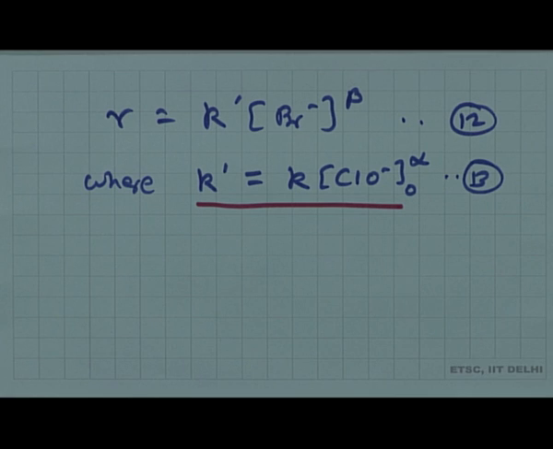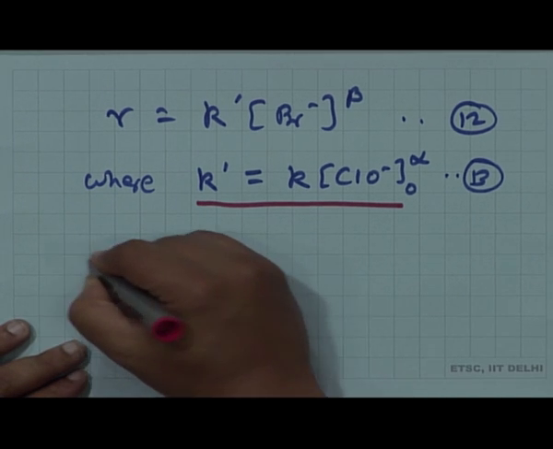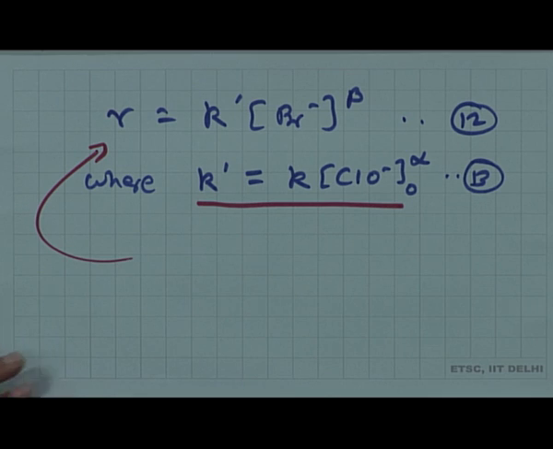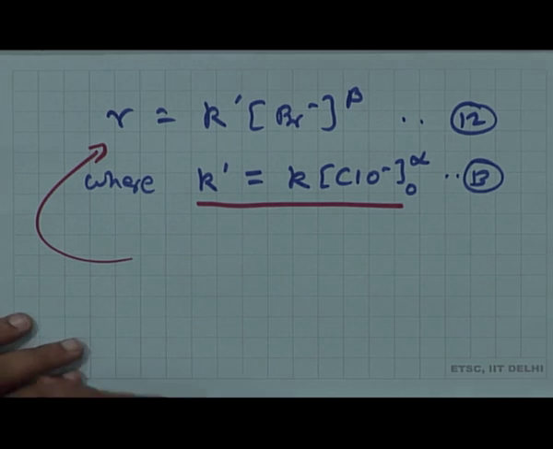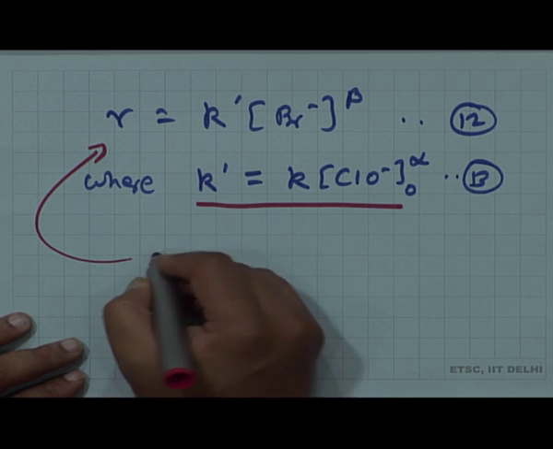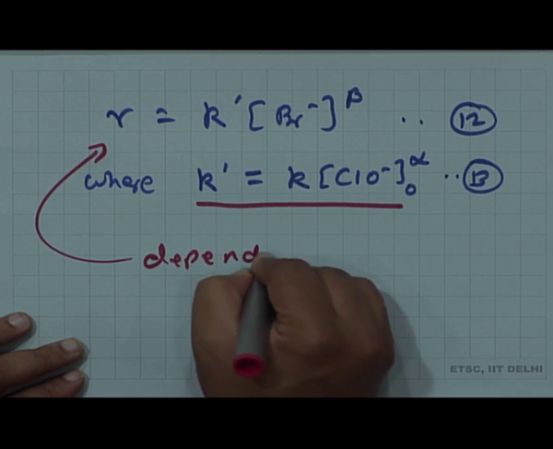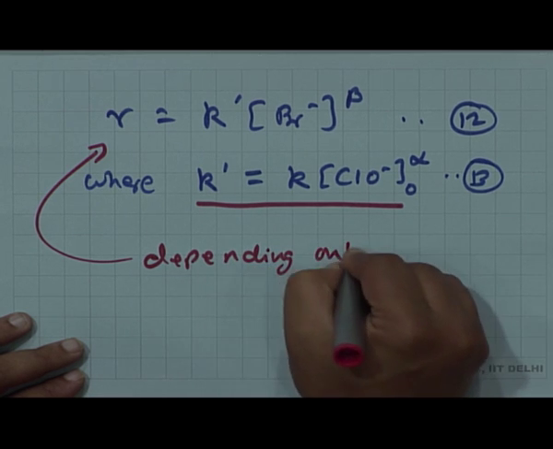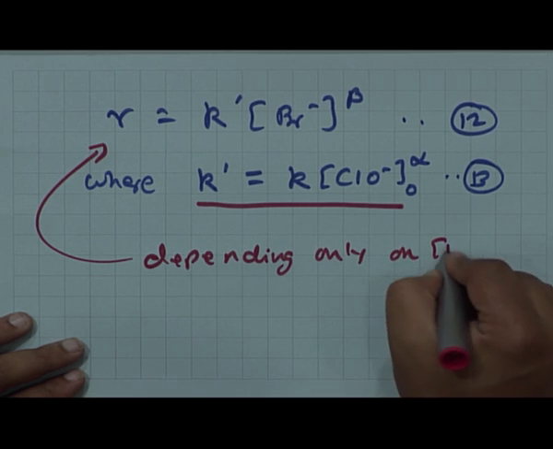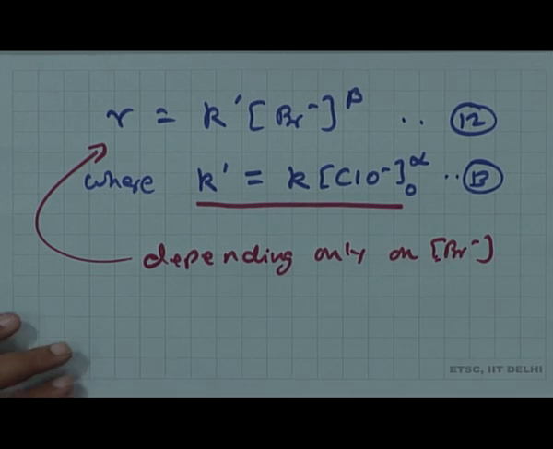So, what we have done, this essentially becomes a rate equation depending only on the concentration of Br minus, because the ClO minus is held constant, right.